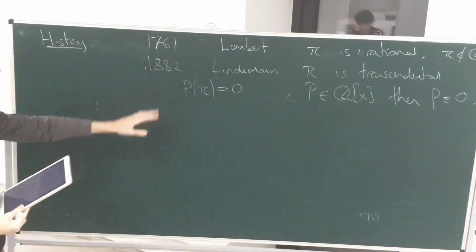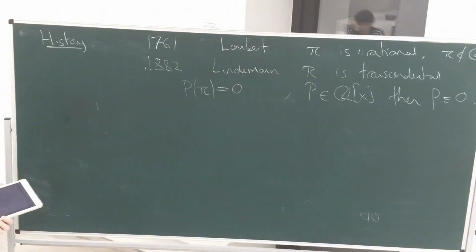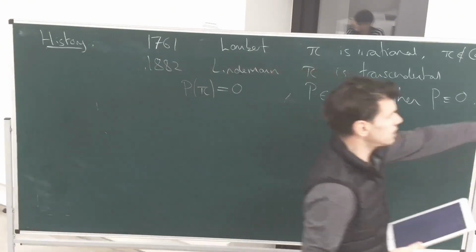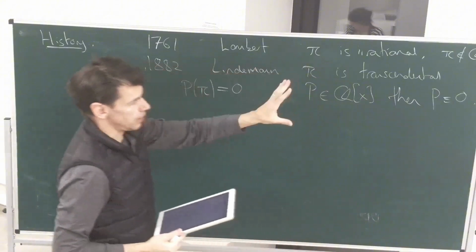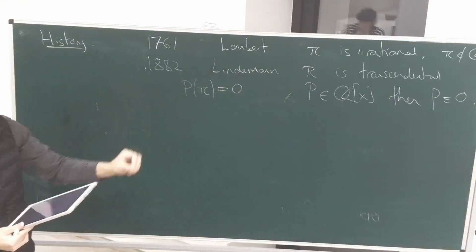So there's no algebraic equation which pi satisfies. And that means that all these even zeta values, by Euler's formula, are transcendental numbers. So we know everything about exactly half of the zeta values.